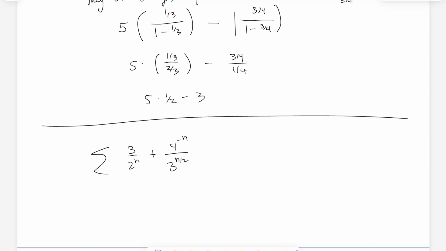Do the same old stuff, split it up, and then evaluate each part. Feel free to chat with your friends about it.